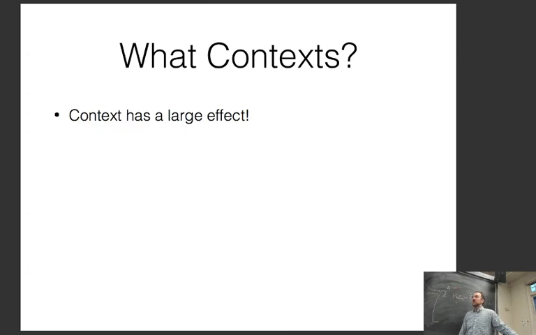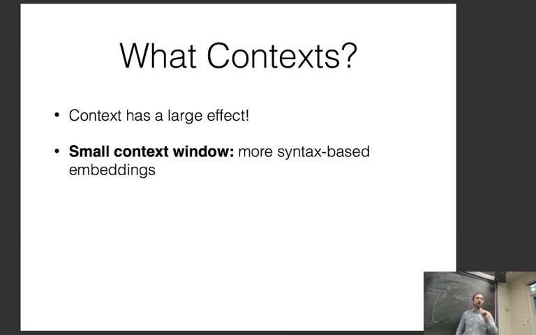Brown clustering is a method that was made in like 1991 or so, in order to guess syntactic relationships between things. It works on a small context window, looking at only the surrounding words. Because of that, you get things that are syntactically similar and also maybe semantically similar, so you get lots of -ing words in the same class, etc.